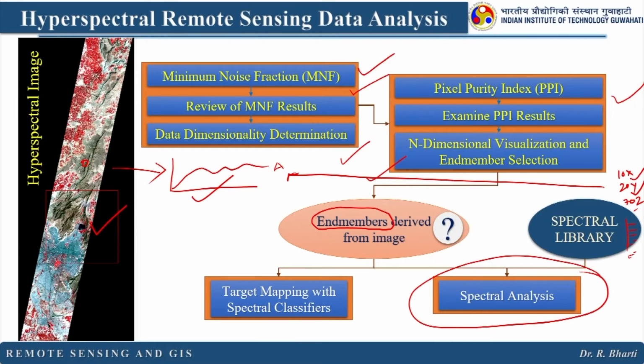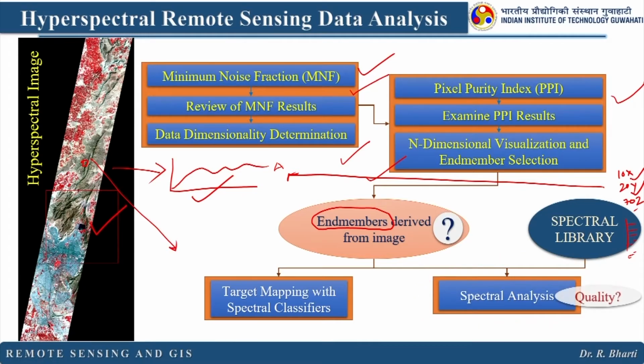This is very, very important. Unless you do this, you cannot show the result you have derived from this image. In addition to that, the quality of the spectral library also matters, because the way you have collected the spectra to generate your spectral library plays a very critical role here.